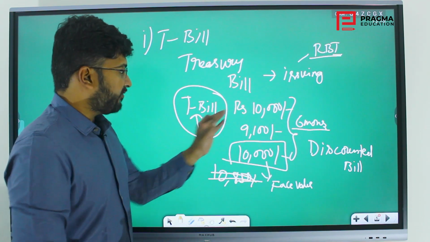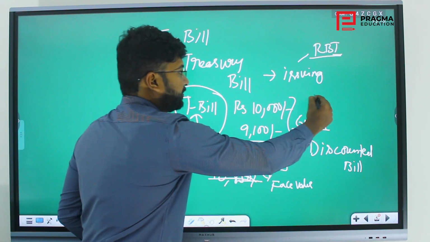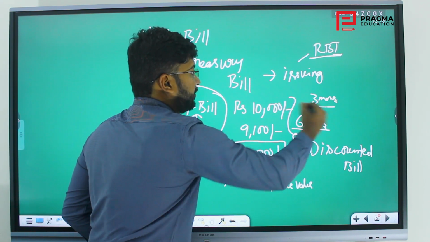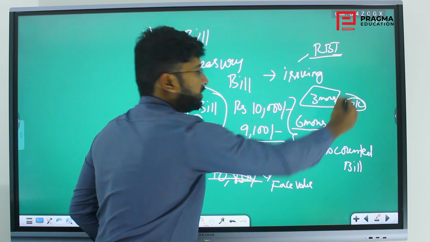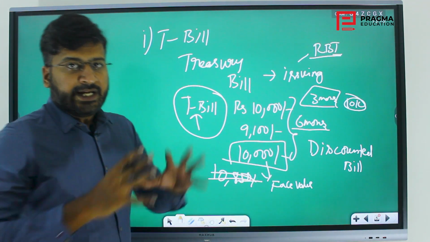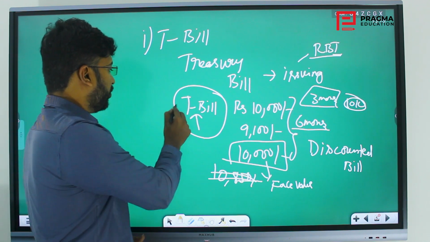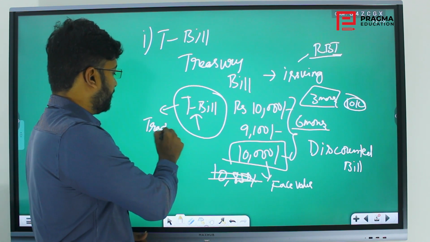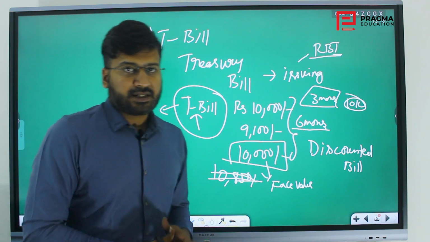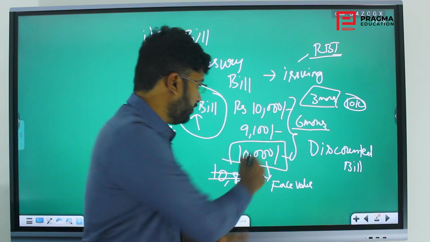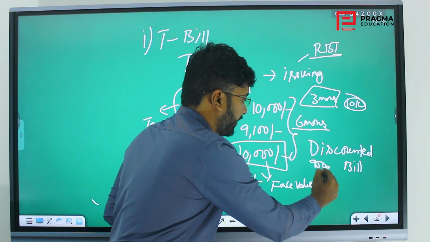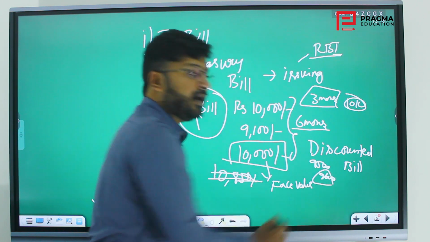So what happens after taking this T-bill? Within these 6 months, say within 3 months, I had a requirement of 10,000 rupees. I need it in liquid form or cash form. So what I will do, I will go and trade this bill or give it to the banks. In exchange for that, I will get around say 9,500 or 9,600, whatever it is, I will take it.